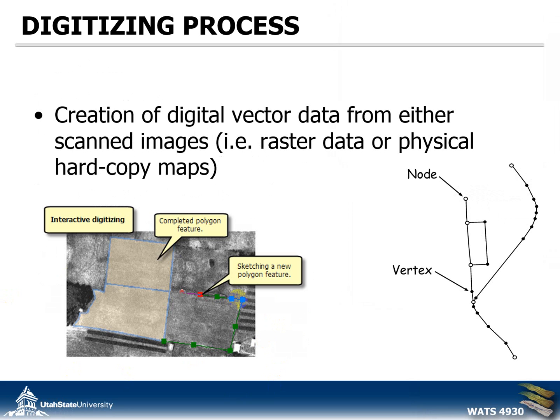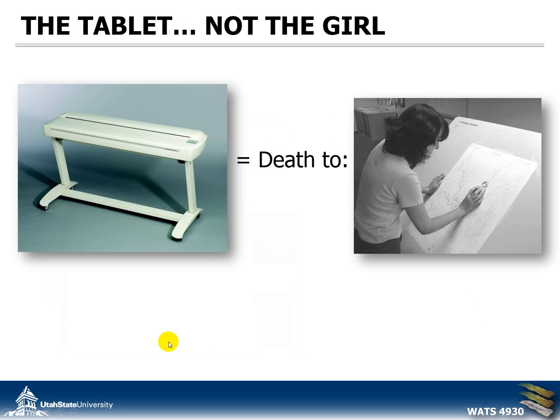So that digitizing process of, say, a scanned image is just creating vector data from some other source. Here is an image, and it looks like maybe what I'm trying to do is get some different parcels or some fences that separate these things. So I would just start an edit session and start drawing these features in. The tablet is this guy, a large format scanner, and this largely led to the death of these tablets because these things are huge.